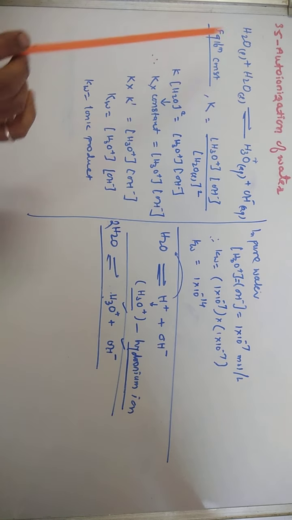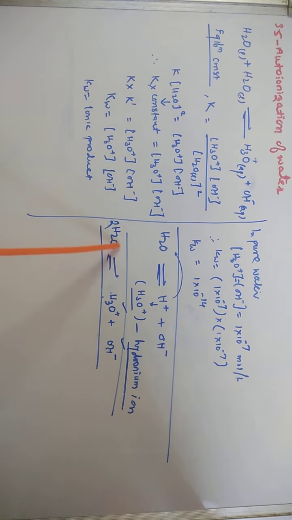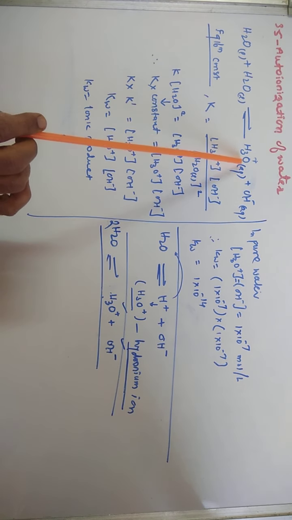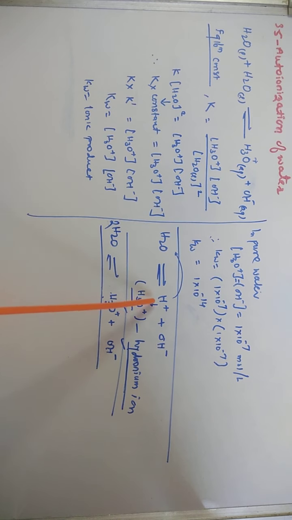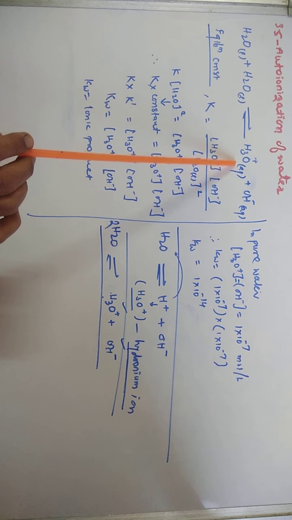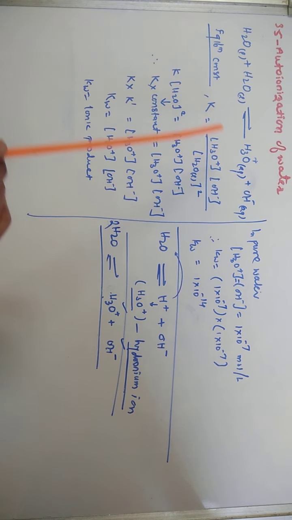That is H2O plus H2O means 2H2O dissociates to give H3O plus and OH minus ion. That means if one water molecule H2O gives H plus and OH minus, then H plus when it combines with one more H2O, it forms H3O plus. So the equation is written like this way: twice H2O gives H3O plus, the hydronium ion, and OH minus ion.